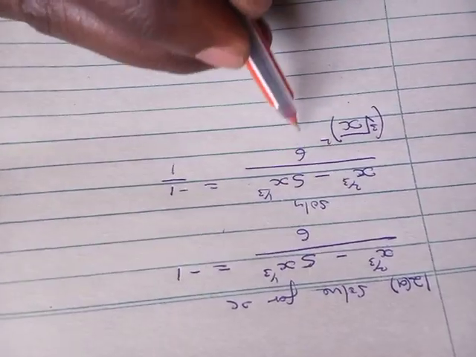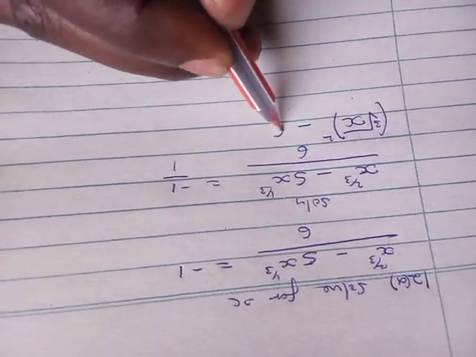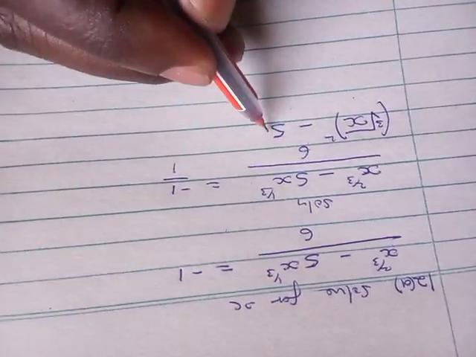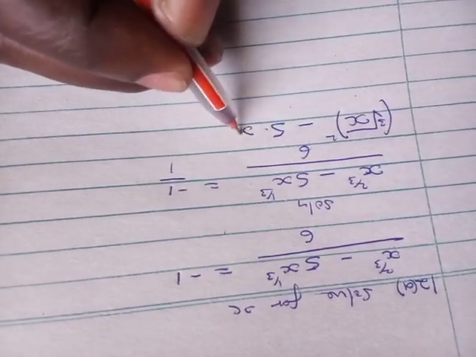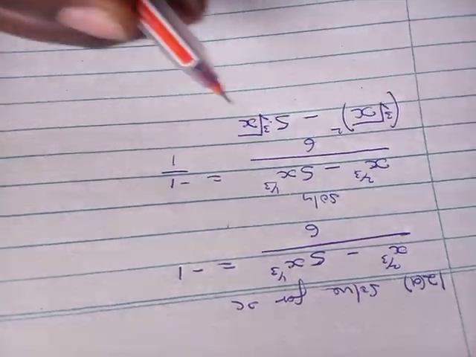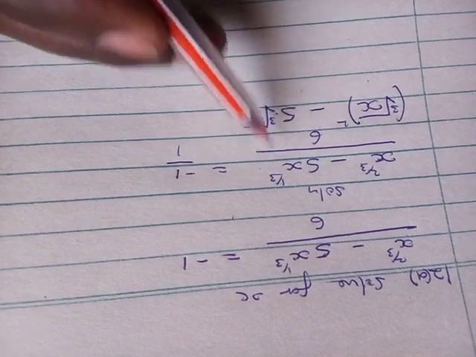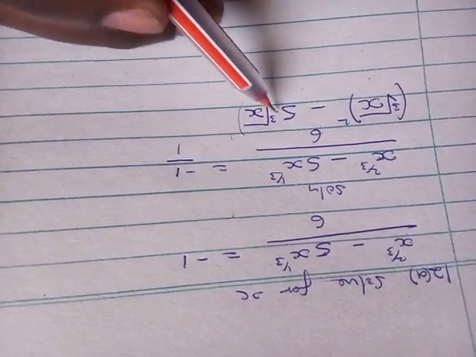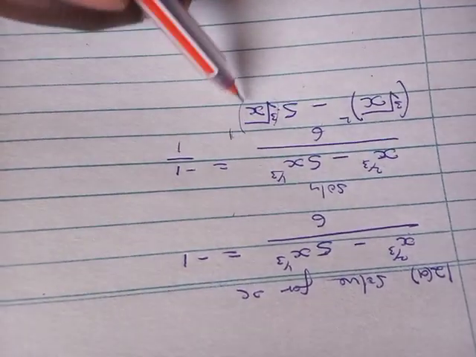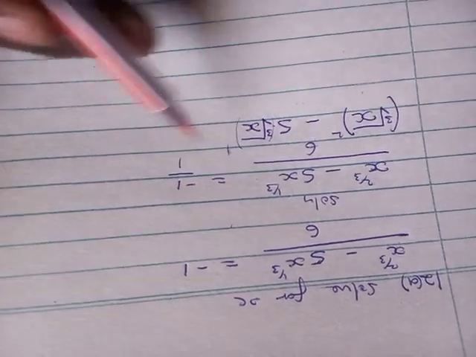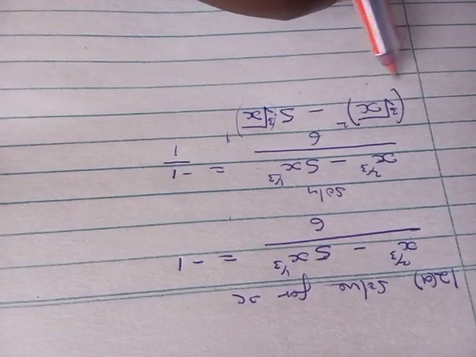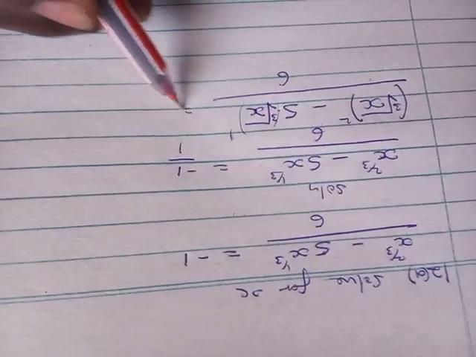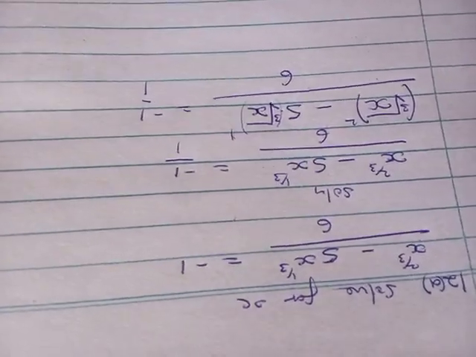Then minus 5 times x cube root. So x cube root is to the power 1. But any number to the power 1 is that number, so even if we don't put power 1, in order to save time, all of this is out of 6, then is equal to negative 1 out of 1.